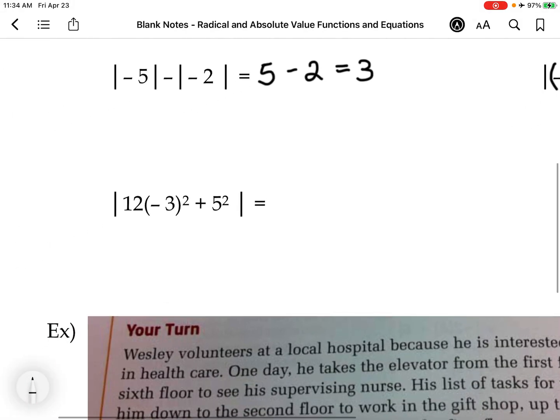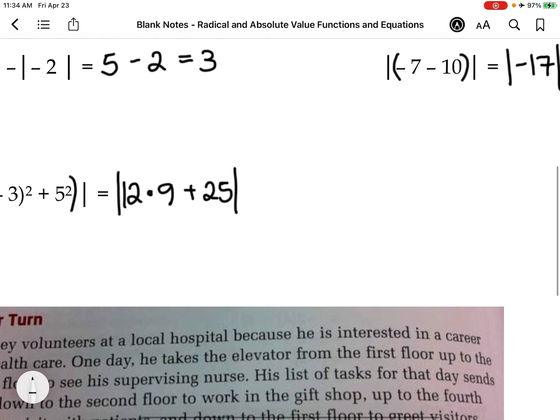Okay, and then here again, this piece first. And we have some BEDMAS stuff going on here. So we have to think about doing the exponents first, right? So this is going to be 12 times -3 all squared is 9, plus 5 squared is 25.